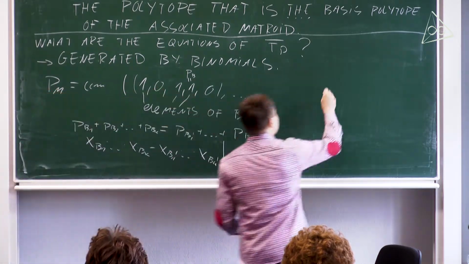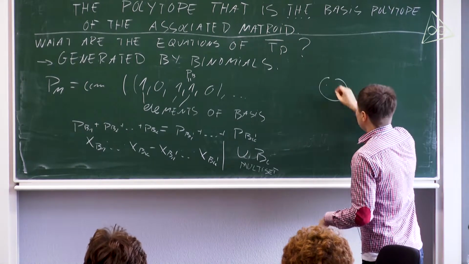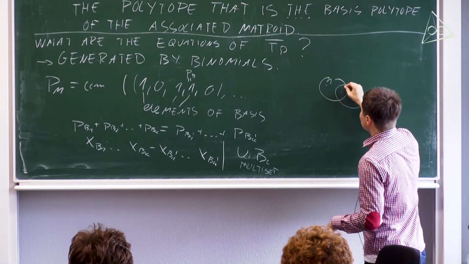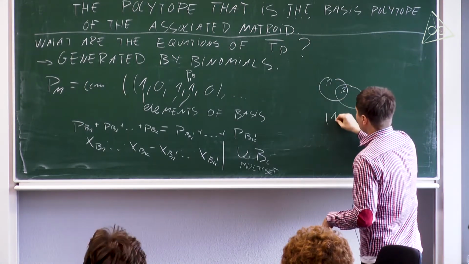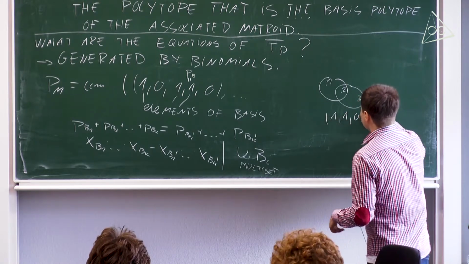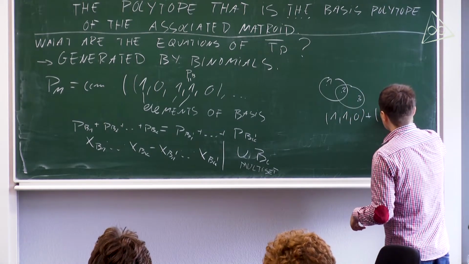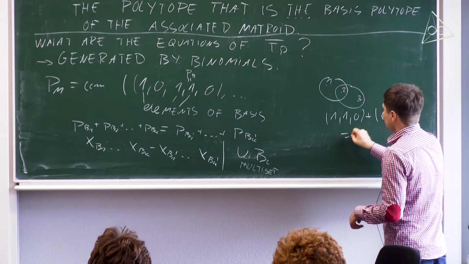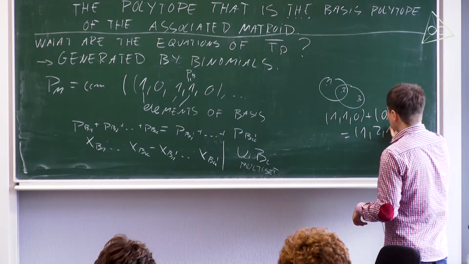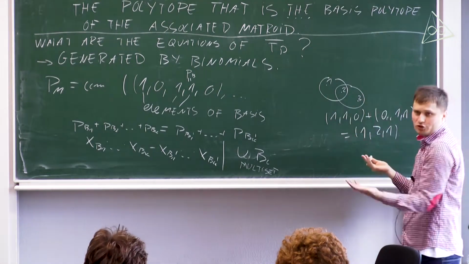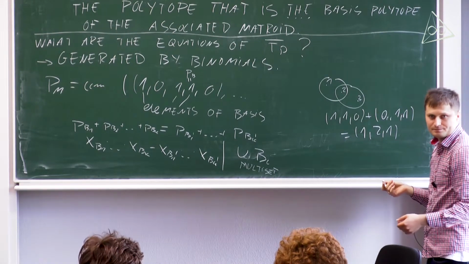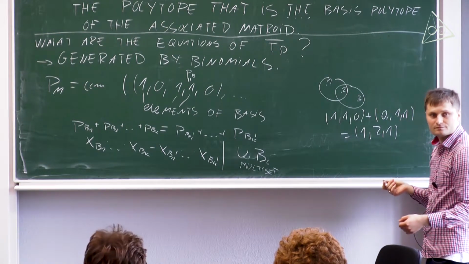If I have 1, 1, 0 plus 0, 1, 1, this is 1, 2, 1, which would also be the union as a multiset.